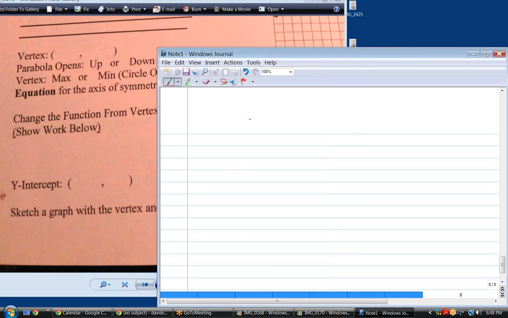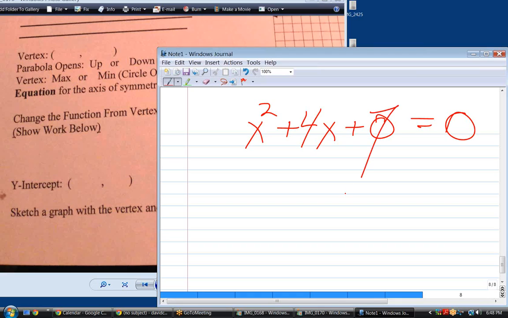Y-intercept. In other words, once we got it into standard format, we had x squared plus 4x plus c is 0. I don't need to write it, but the reason I wrote it here is because when you're in standard format, the y-intercept is always c. If this was 7, the y-intercept would be 7. Notice the y-intercept always comes when x is 0.